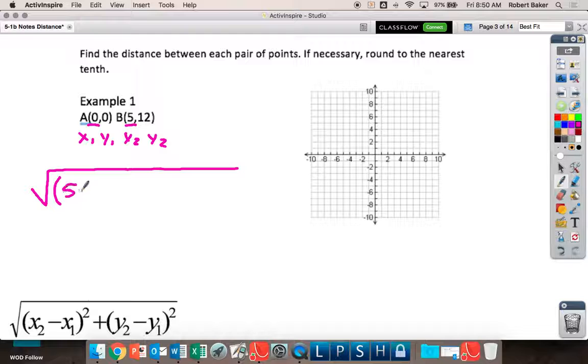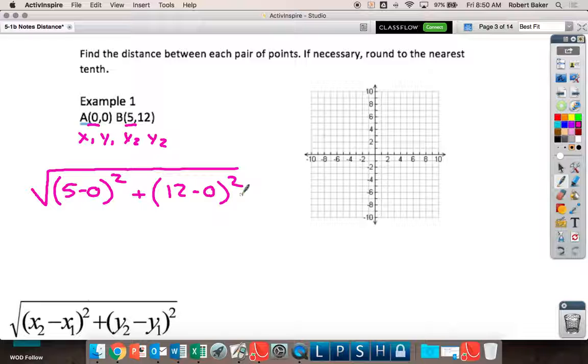So that's 5 minus 0, the quantity squared, plus y2 minus y1 squared, which would be 12 minus 0 squared. Okay, that in itself is demonstrating knowledge of the geometric concept. If you can do that, I'm happy. Basic. Step 1. If you can do step 1, you can get the answer right.